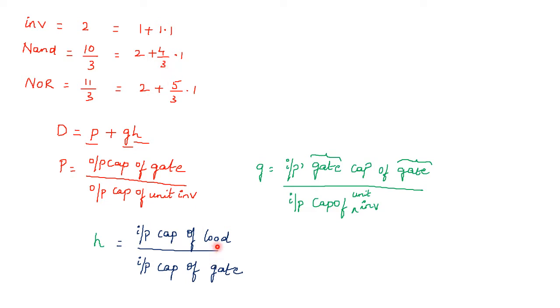Since we are cascading two similar gates, the electrical effort H is equal to 1. Similarly, for a NOR gate, for parasitic delay the numerator is 6 and the denominator is 3. For logical effort, the numerator is 5, the input gate capacitance of the NOR gate, and the denominator is 3. Therefore, we have 5 by 3, and H is equal to 1.